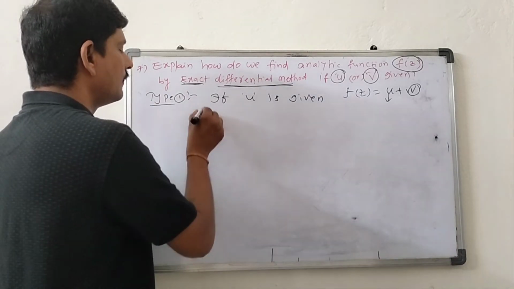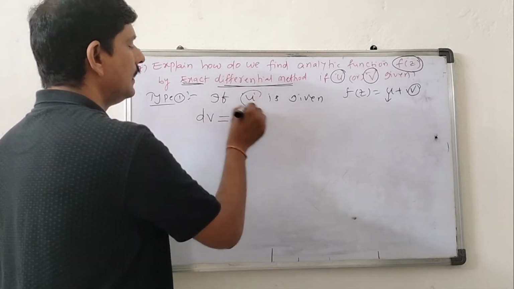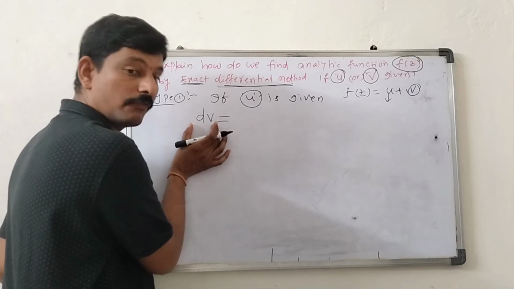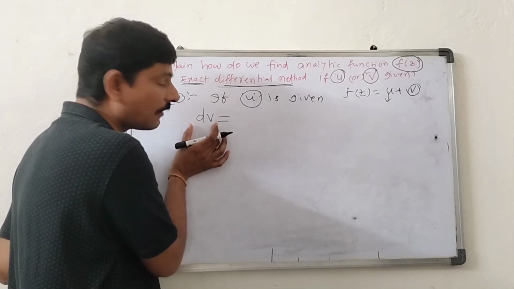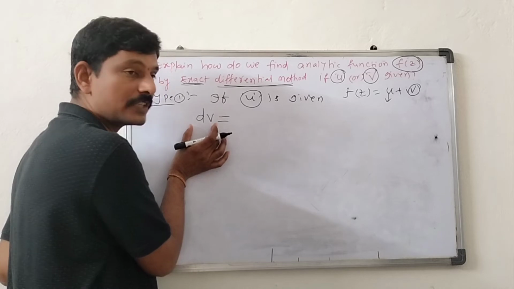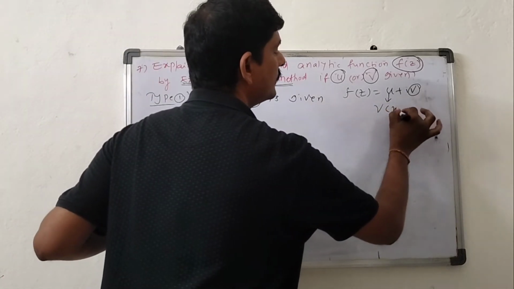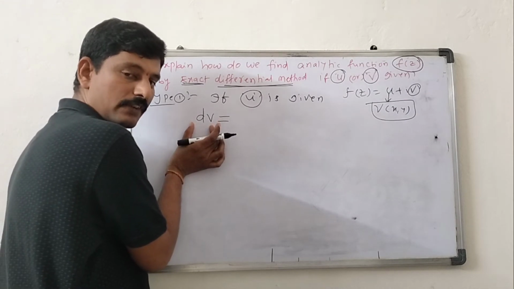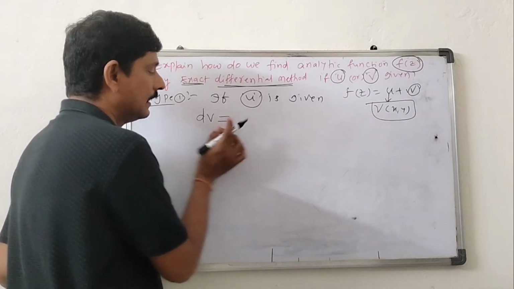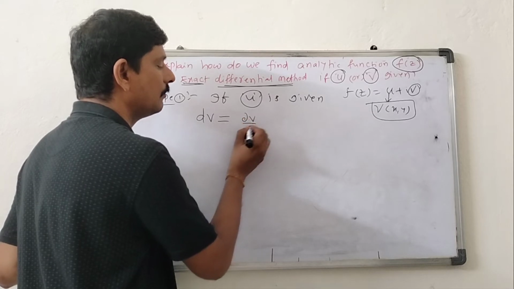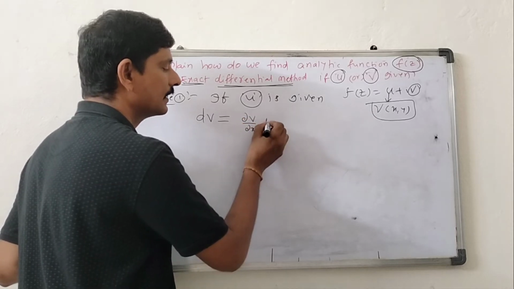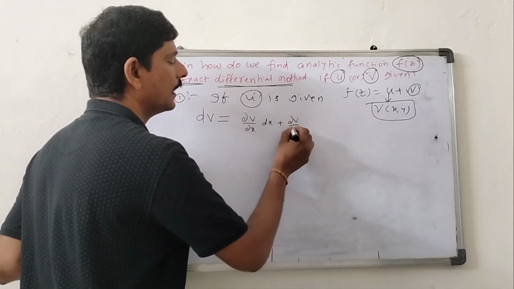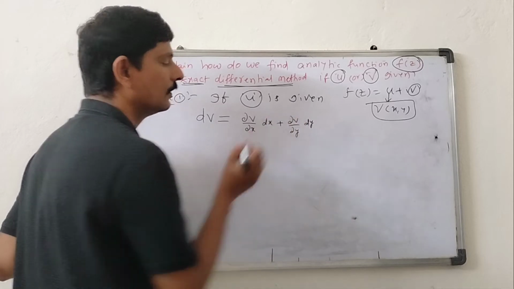So clearly observe that here u is given, so I am taking the total differential formula for v. Because v is a function of x and y, we can write dv in the total differential form: dou v by dou x into dx plus dou v by dou y into dy.